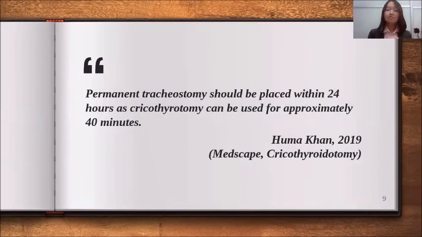A permanent tracheostomy should be placed within 24 hours, as cricothyroidotomy can be used for approximately 40 minutes to avoid any glottic and subglottic stenosis, which will make the situation complicated. And this is reported from the article from Medscape known as Cricothyroidotomy by Kumar Kant in 2019.